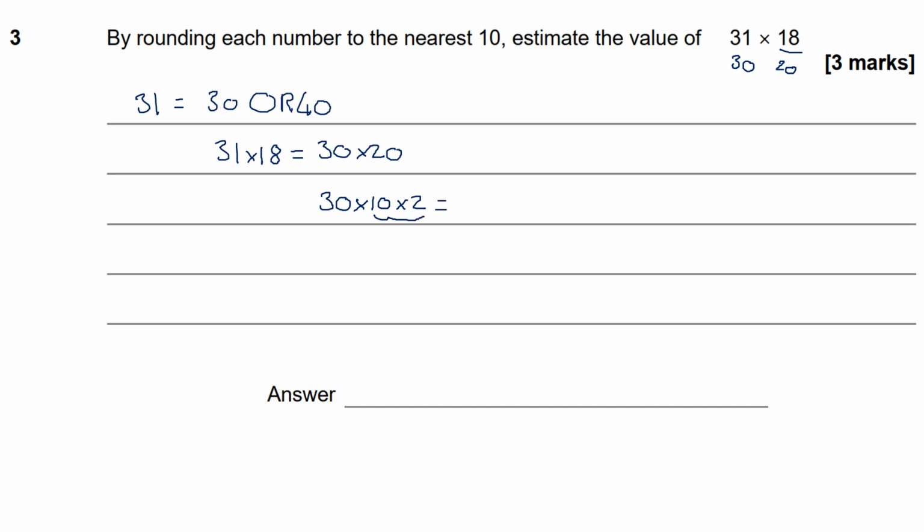So what's 30 times 10? Well, 30 times 10 gives us 300, and then if we times 300 by 2, oops, we've got an extra 0 here, so ignore that 0. So 30 times 10 times 2 equals 600 at the end. So we know the answer is going to be 600. We've got 600 for that one, apart from my bad handwriting here, but we can tell that's 600.